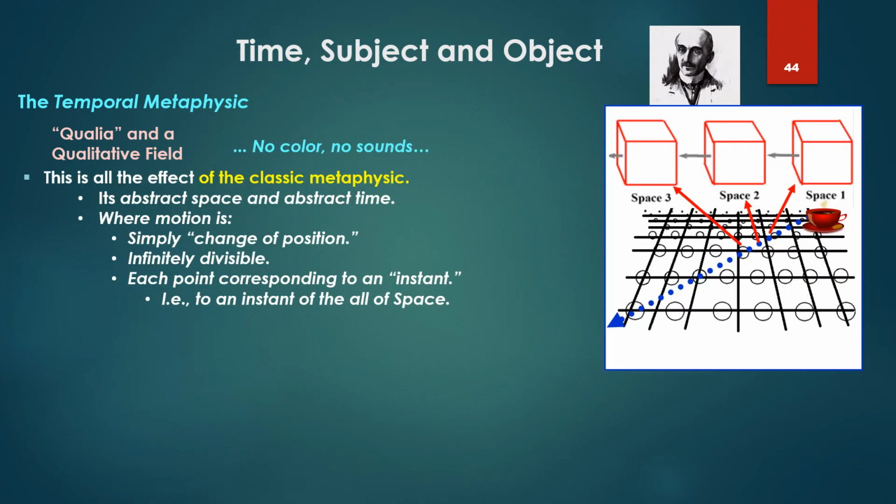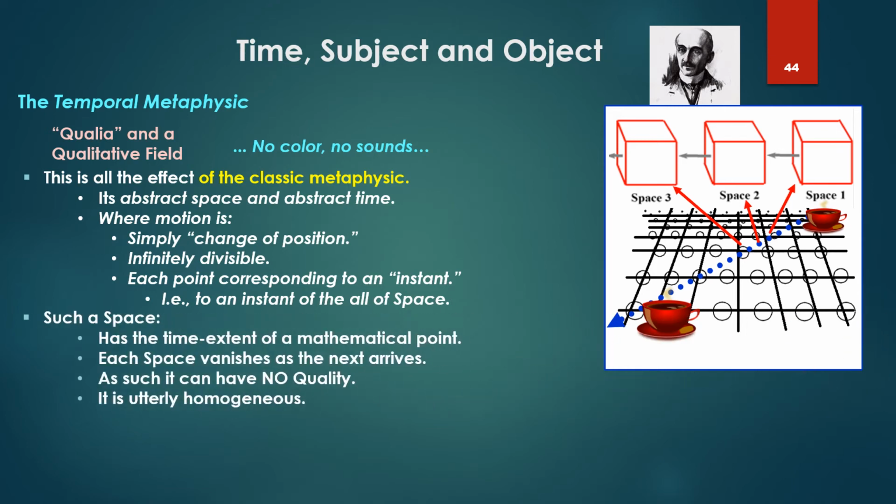This is all the effect of the classic metaphysic, the abstract space and time, where motion is simply change of position and infinitely divisible, each point corresponding to an instant, that is, to an instant of the all of space. Such a space has the time extent of a mathematical point, but each space vanishes as the next arrives. As such, it can have no quality, that is utterly homogeneous.